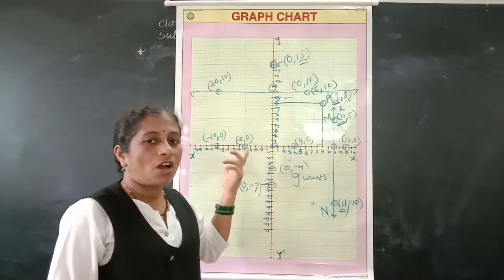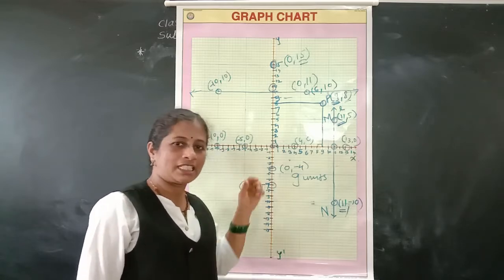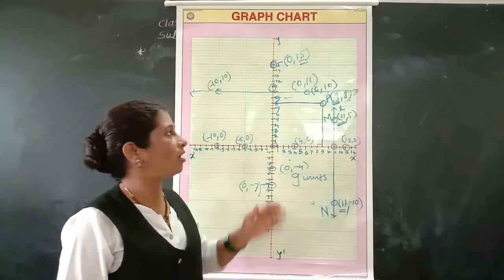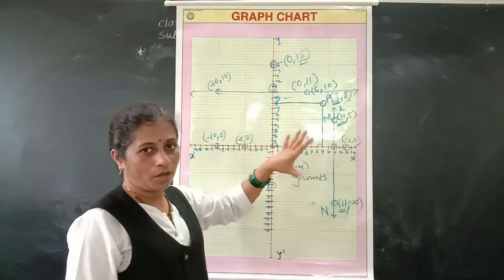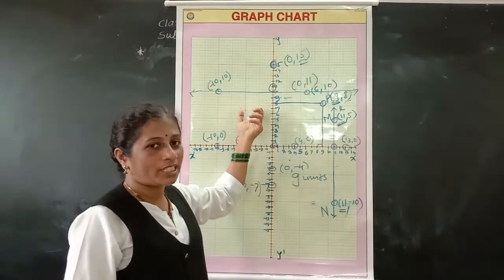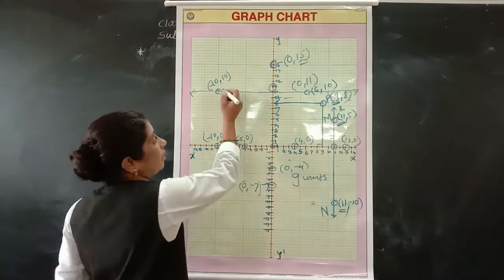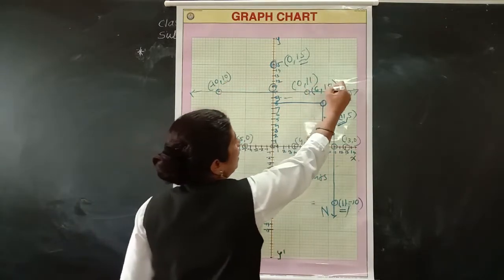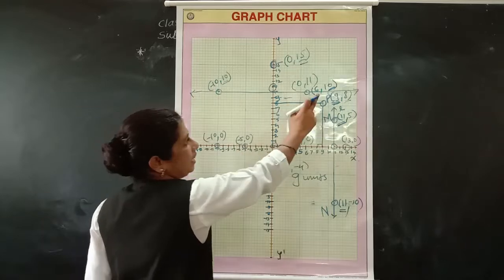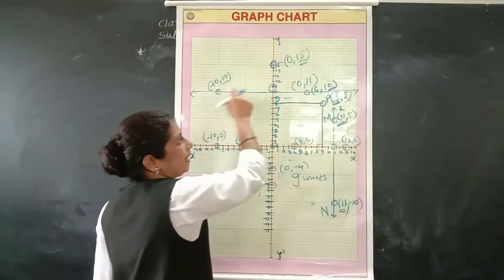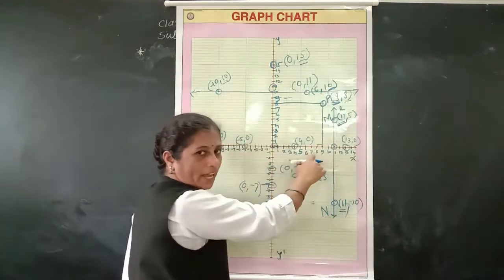X-axis. The options will be: point lies on the y-axis, point lies on the x-axis, line parallel to the x-axis, or line parallel to the y-axis. When the ordinate is the same but the abscissa is different, that line is parallel to the x-axis.